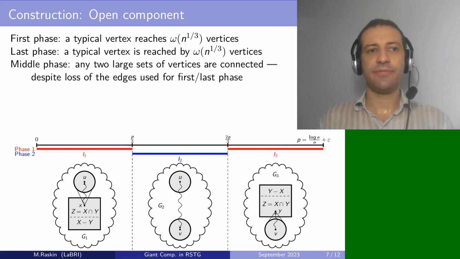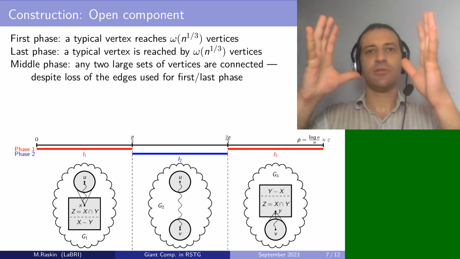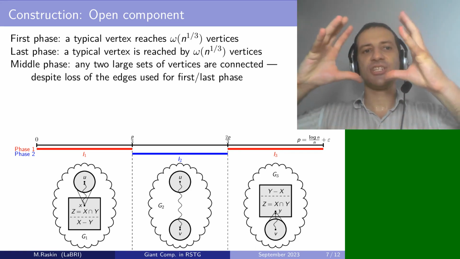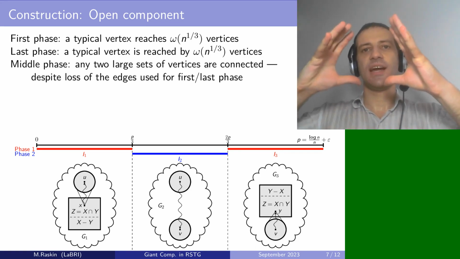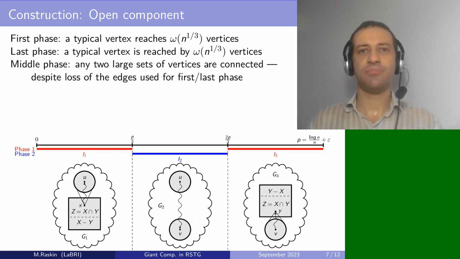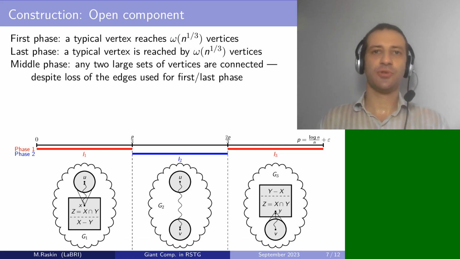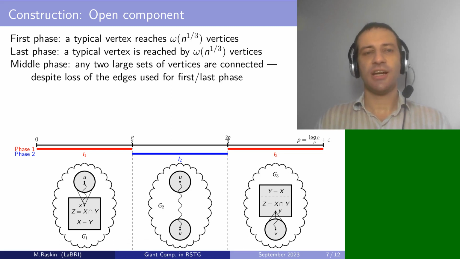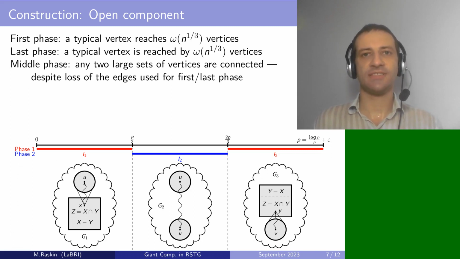In the middle phase, we find that any two large sets of vertices are connected, in particular everything that is reached from A and everything which can reach B in the corresponding first and last third. And this is preserved even though we have lost some edges because they are used up in the first or the last phase.